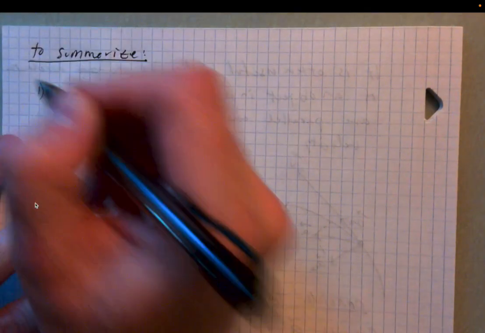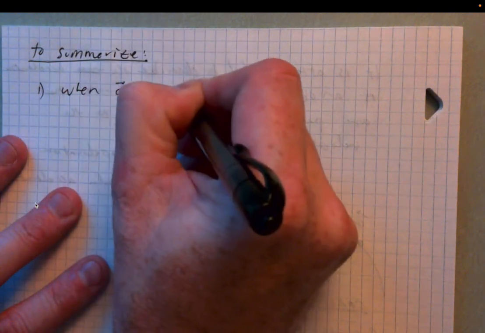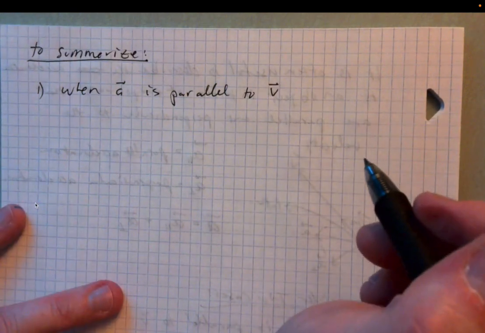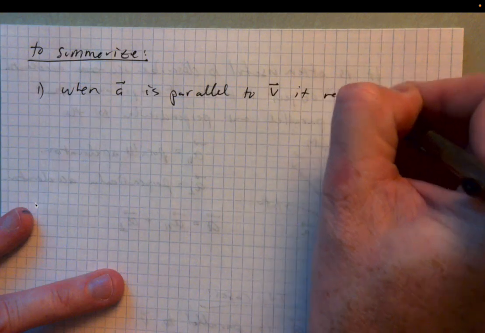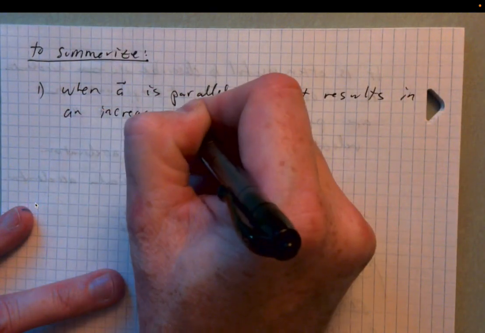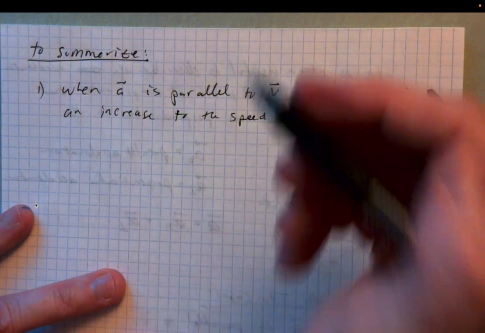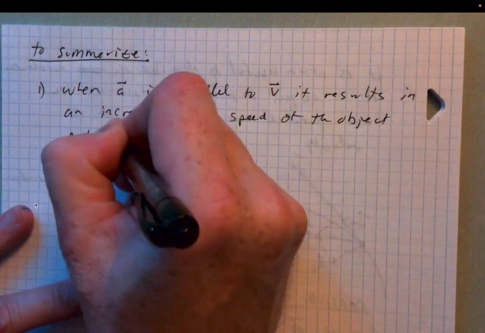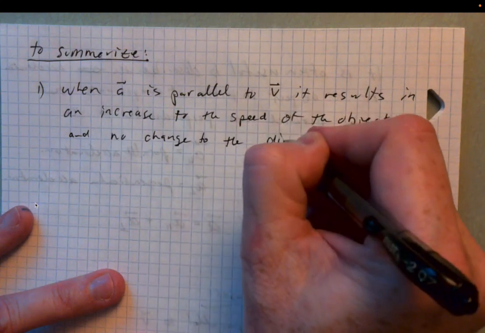So to summarize, when A is parallel to V, when the acceleration is parallel to the velocity, it results in an increase to the speed of the object and no change to the direction.